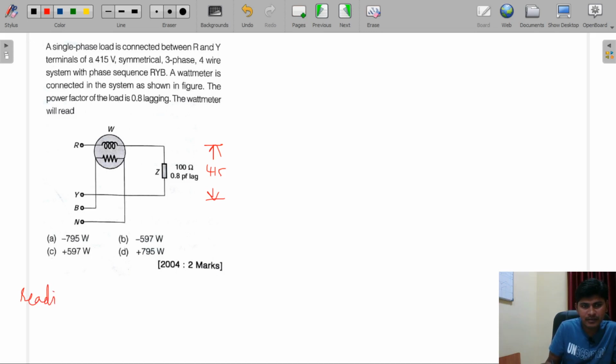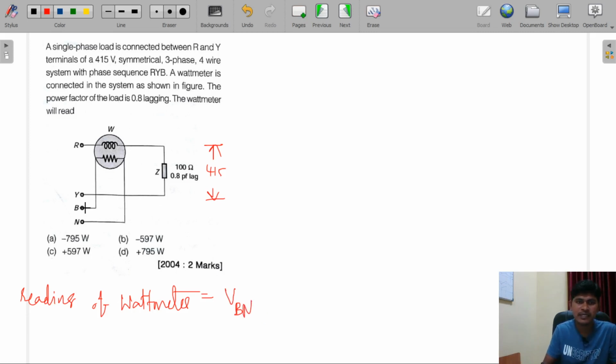Okay, see here. Reading of wattmeter is equal to voltage into current into cos of angle between voltage and current.